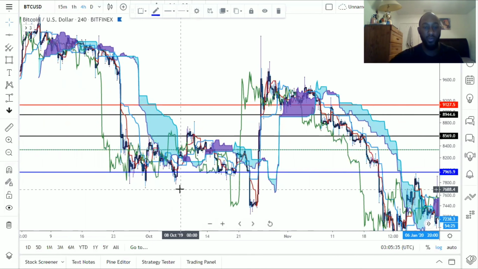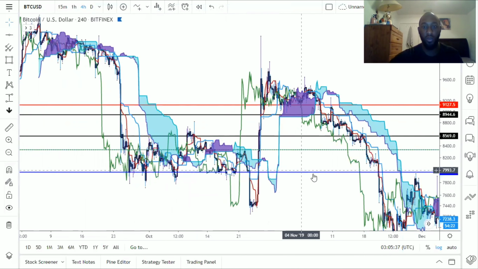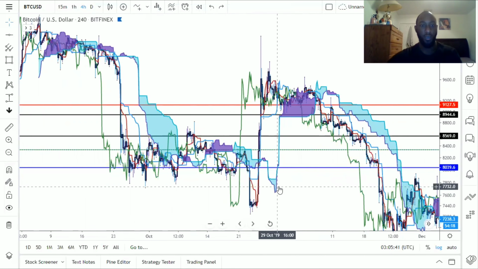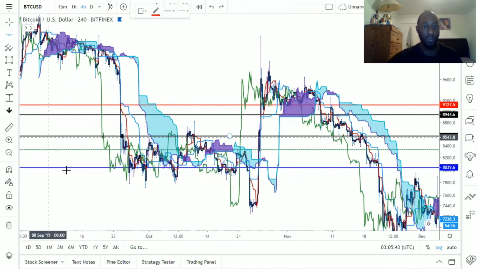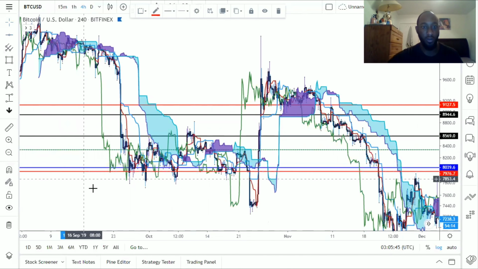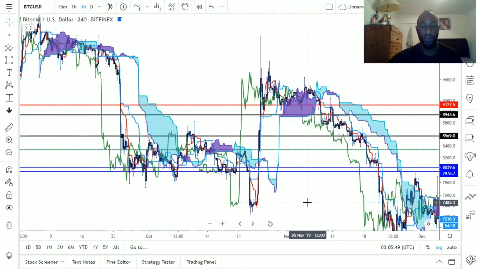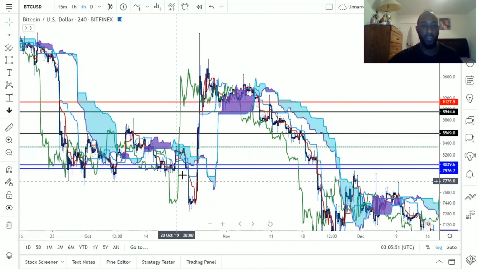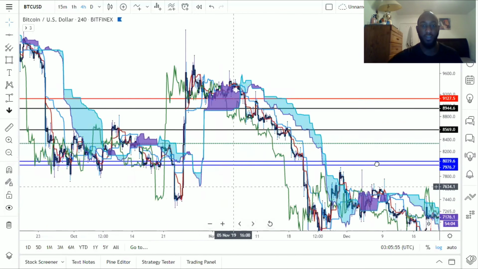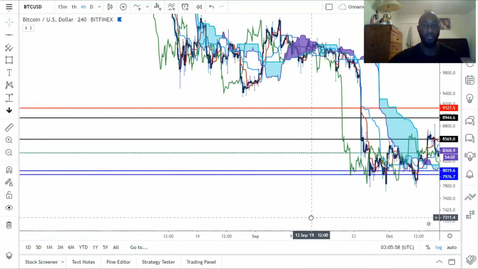Like you could even move it down here because it did touch as well. Or you could zone this area from where it was. So let's see, right there to right here. Boom, you got a zone right there. If you don't want to box it, you could do something like this. And you could understand that also plays as support and resistance as well.